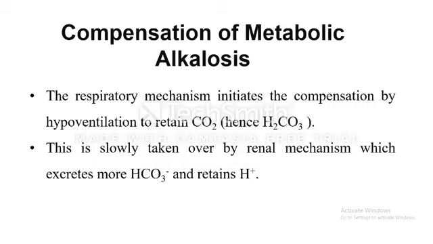Compensation of this metabolic alkalosis is the respiratory mechanism. It initiates the compensation by hypoventilation to retain carbon dioxide and hence the acid, that is carbonic acid. This is slowly taken over by the renal mechanism, which excretes more bicarbonates and retains proton ion concentration in the body.